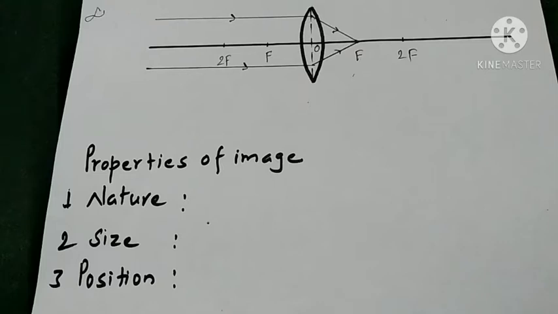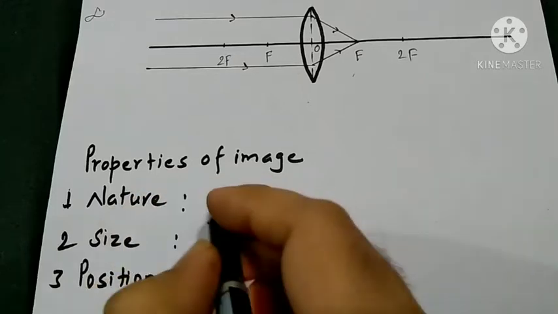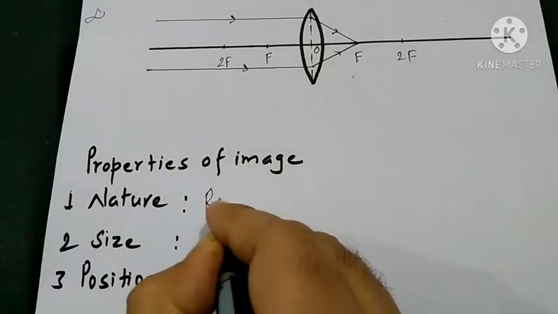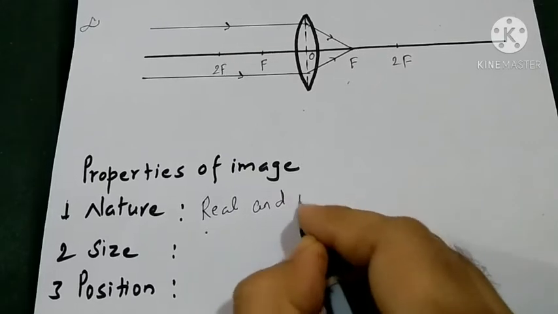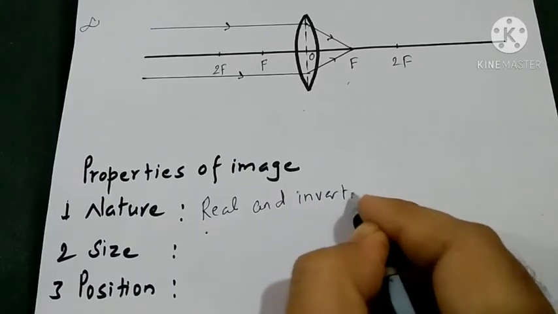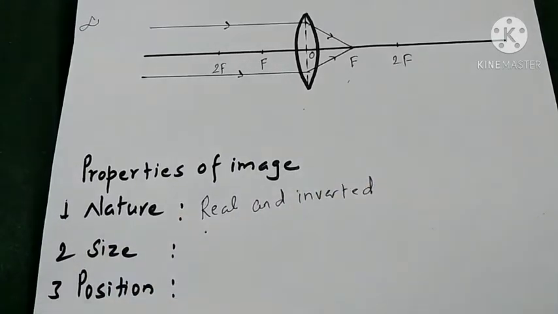Here we take the 3 properties. So number 1 is nature. Nature of the image formed is real and inverted. So what does real mean?